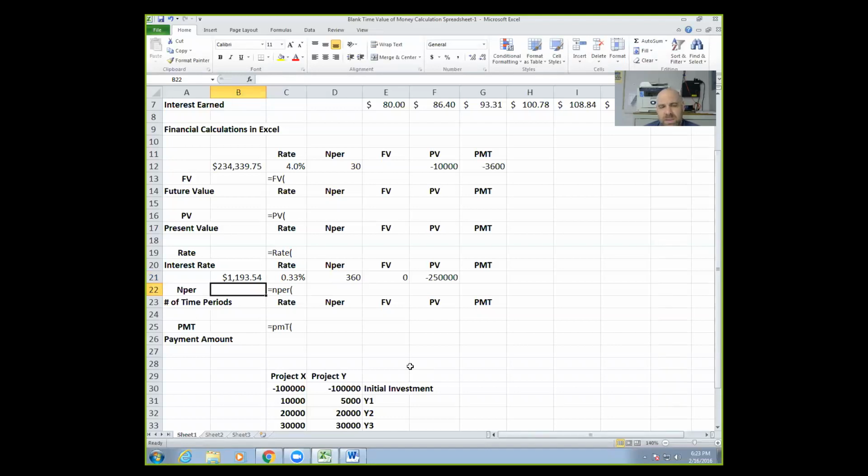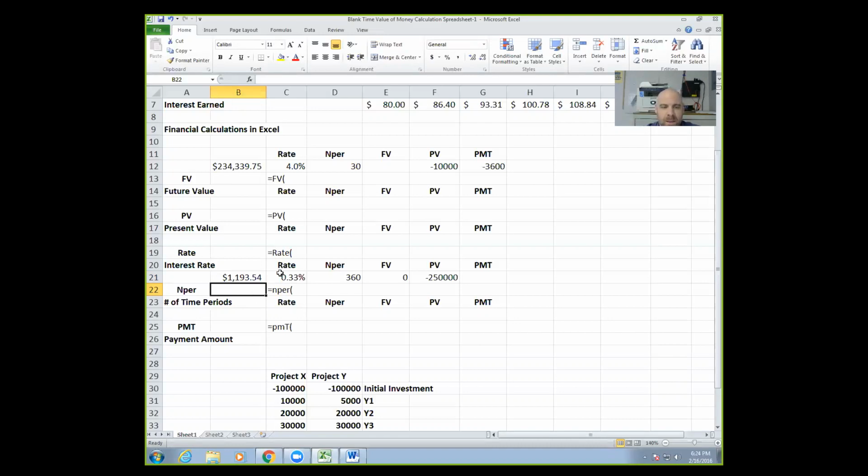So your principal and interest payment on a $250,000 loan, this is assuming you put no money down, at 4%, every month you would pay $1,193.54. If anyone owns a home, you also know that in most cases you pay property taxes and home insurance on top of that, so that increases that amount some.